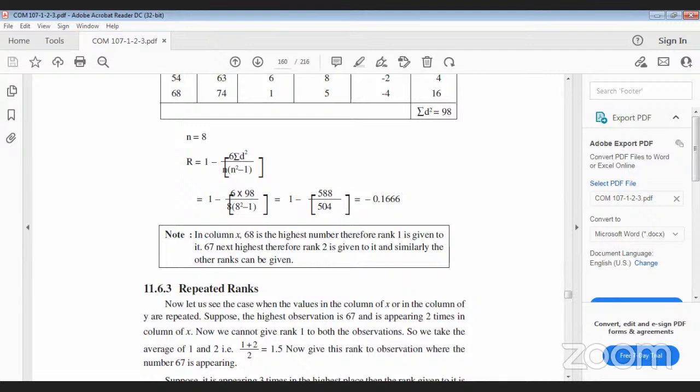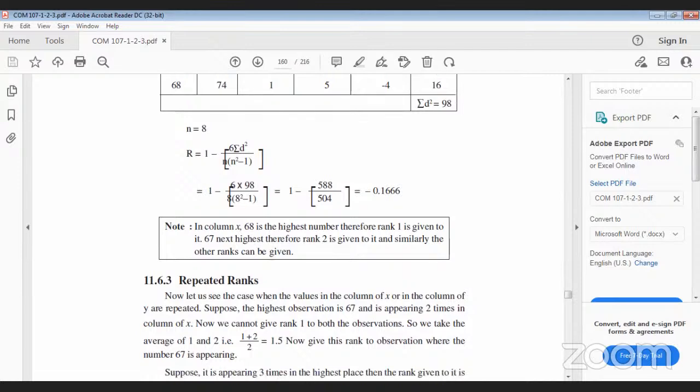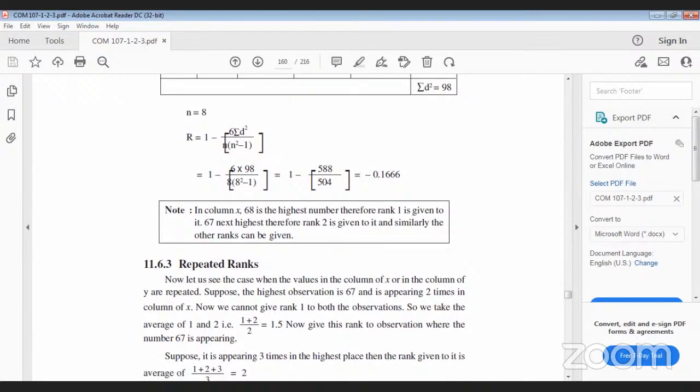So we take the average of 1 and 2. The total of 1 and 2 is 3, divided by 2, the answer will be 1.5. Now give this rank to the observations where the number 67 is appearing, for repeated ranks here.